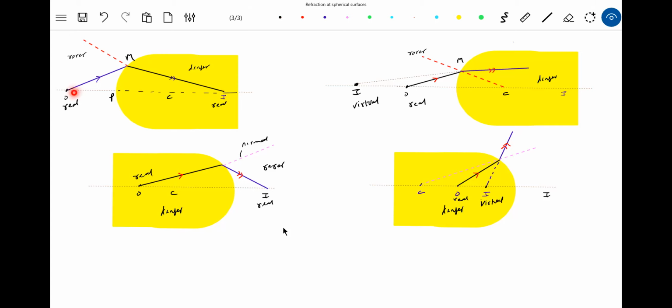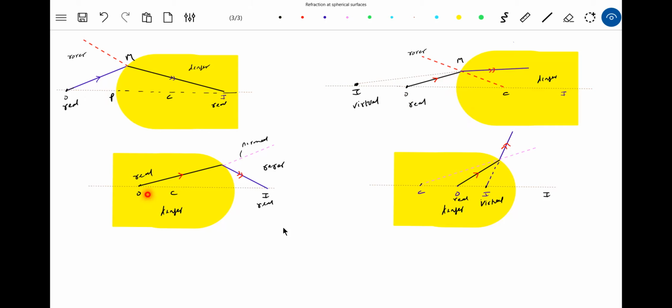In the first case, the object was kept in the rarer medium and it was facing the boundary such that the boundary was convex towards the rarer medium. Here, the same condition: the object was kept in the rarer medium and the convex part of the boundary was facing the rarer medium.